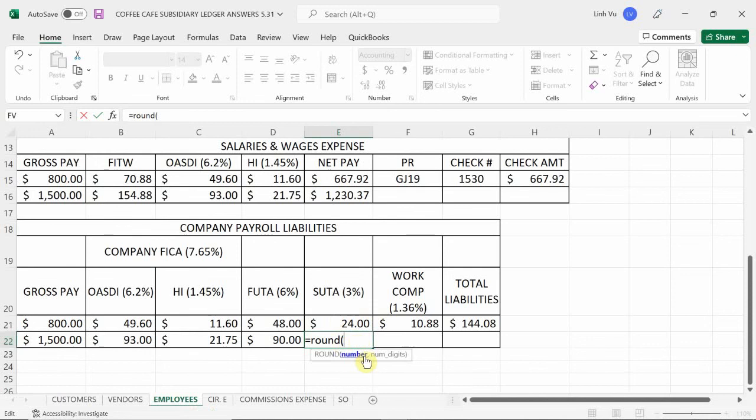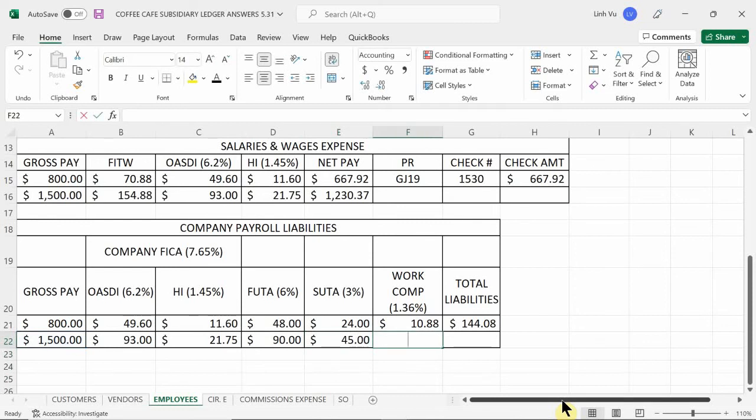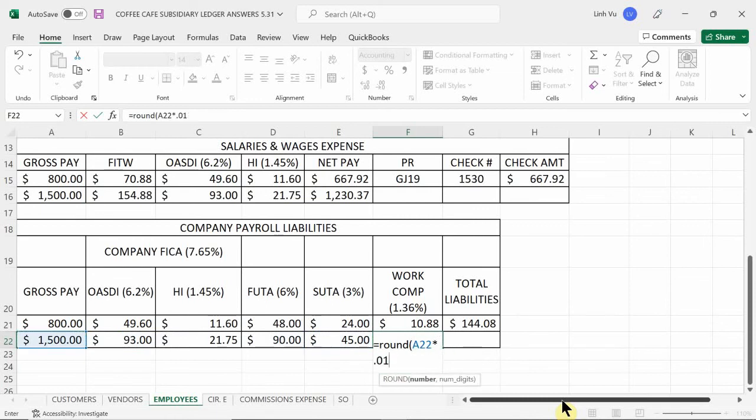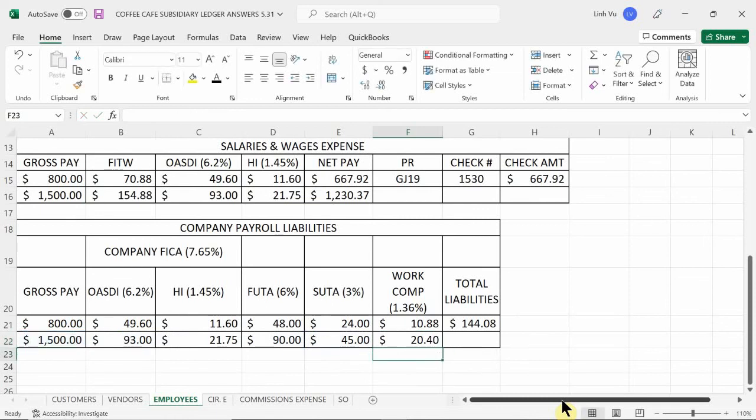My formula is $45. Workers' compensation, $20.40.